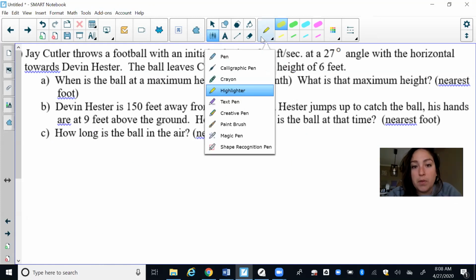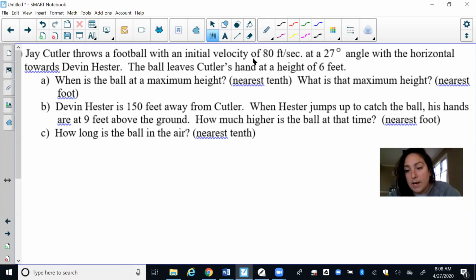Okay, so we need to come up with our equations. This is the one that, again, I said you just have to memorize: projectile motion for a parametric equation.